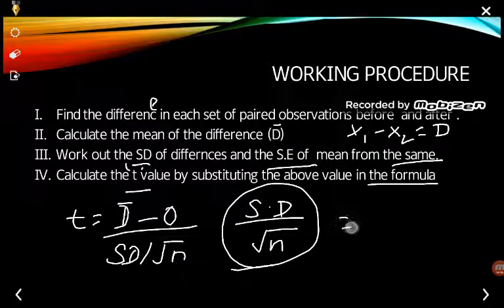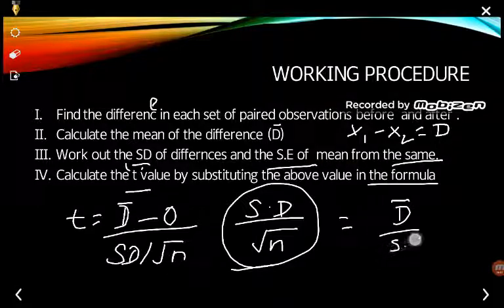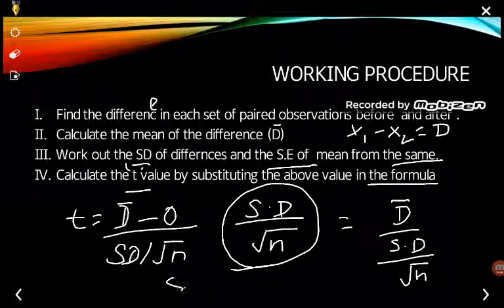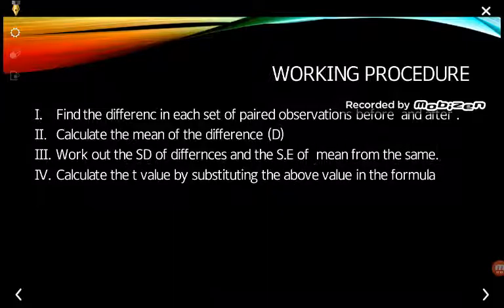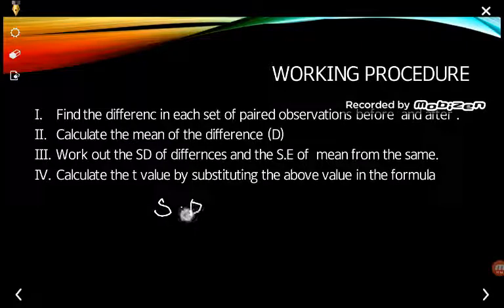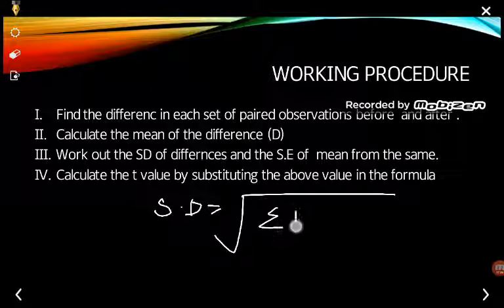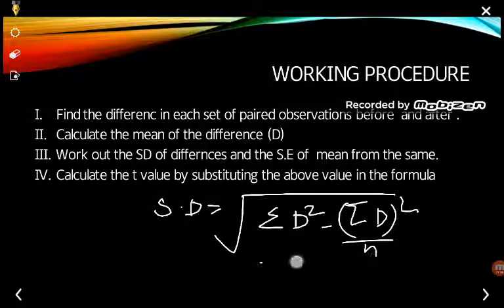So that equals the mean of d divided by standard deviation by square root of n, where SD is equal to the square root of summation of d square minus summation of d the whole square divided by n, the whole divided by n plus 1.